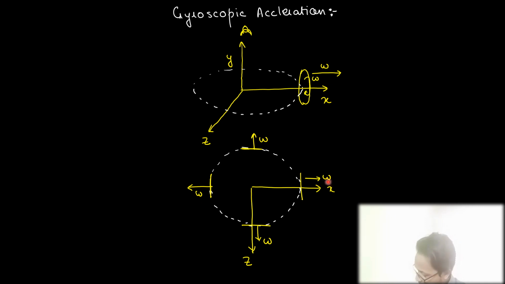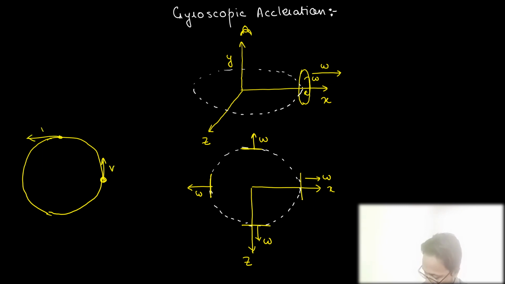So to change the direction of angular velocity, there must be some acceleration present, and that acceleration is called gyroscopic acceleration. To understand it, similar to centripetal acceleration, see, in a circular orbit, for centripetal acceleration, what happens?